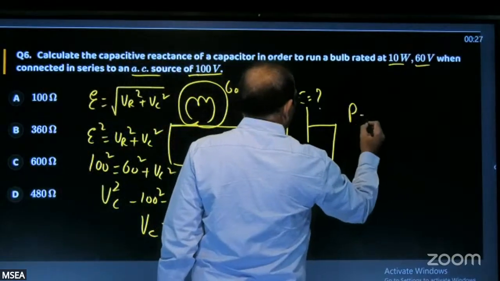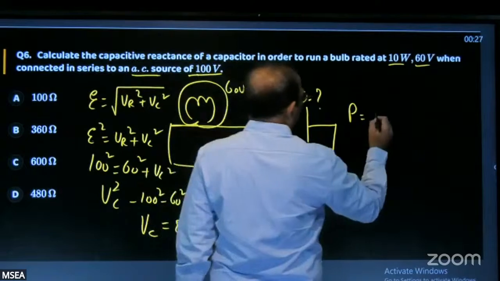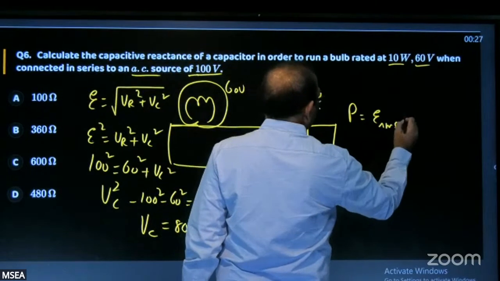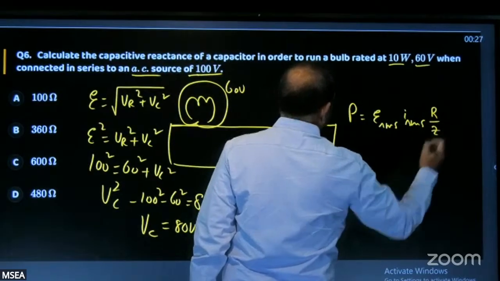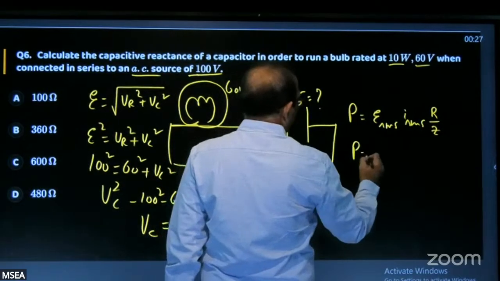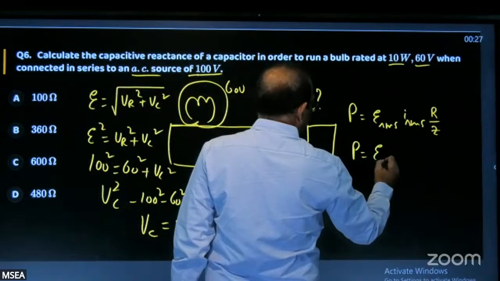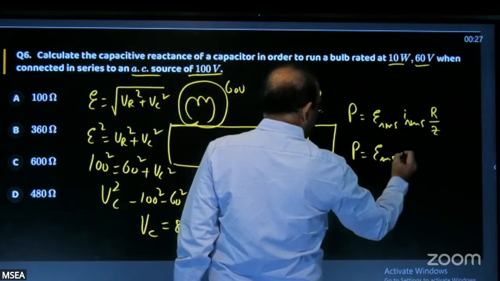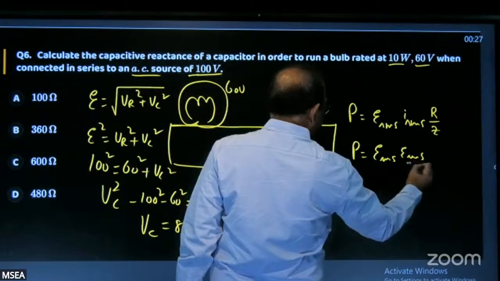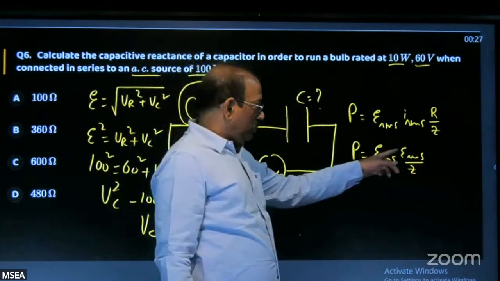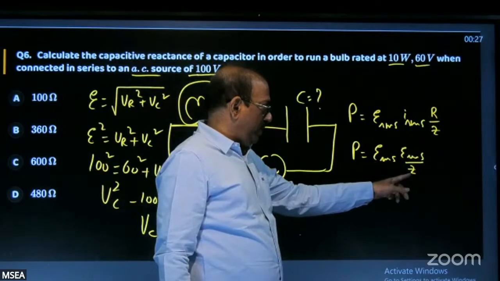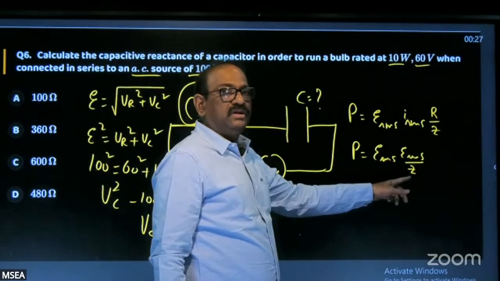What is the power formula? Power is ERMS into IRMS into cos phi, the power factor, R by Z. IRMS is again ERMS by Z, the net impedance of the circuit.